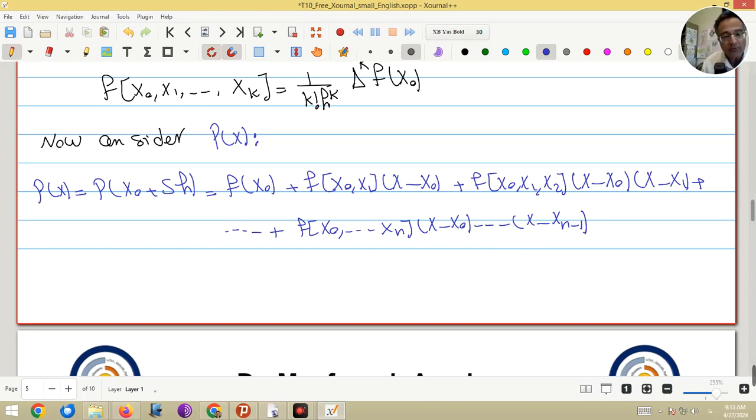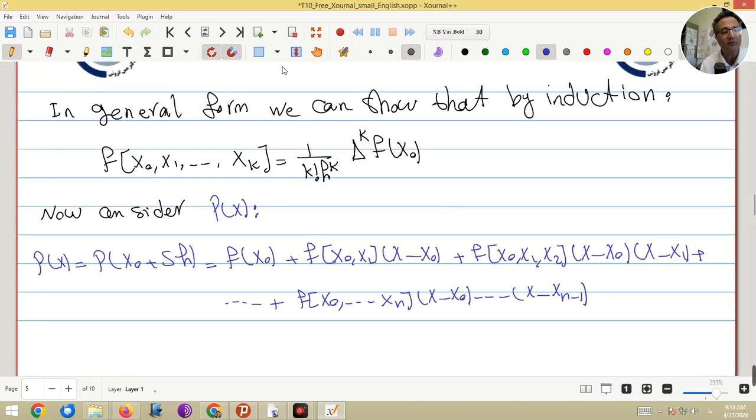Now, you can use f of x0, x1 and so on from this formula and put, for example, for f of x0, x1, 1 over 1 factorial h to the 1, delta 1 f of x0. Right? You can do exactly like this. Let me continue and compute something.